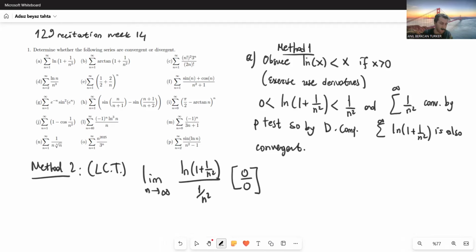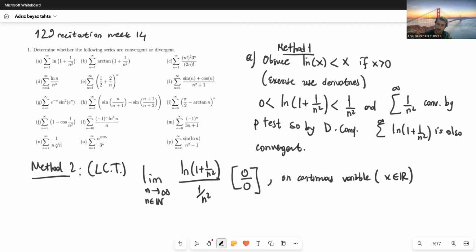I can apply L'Hopital's rule, but in this discrete case, I cannot. So go to continuous variables, because in this case you are taking the limit on natural numbers.